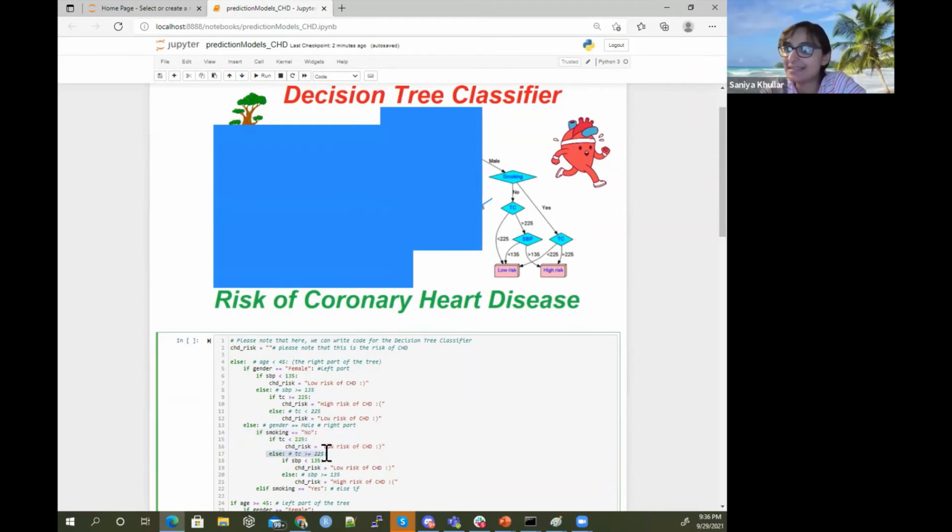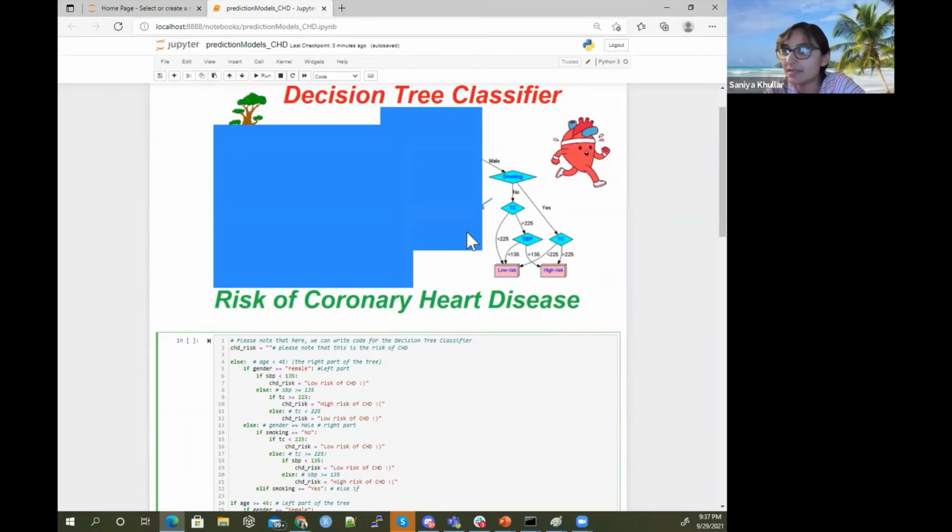The else is saying that, well, if you're smoking, but your total cholesterol is greater than or equal to 225, then you're coming here and you're checking systolic blood pressure. If it's less than 135, you're at a low risk. Otherwise, you're at a high risk of CHD. So this high risk here corresponds to this part, this, and this.